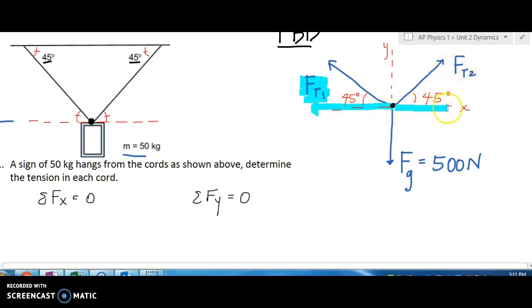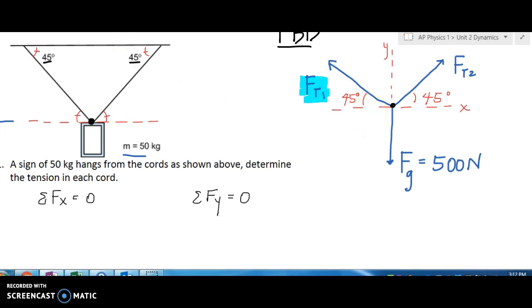FT2 is pulling it to the right a little bit. Does the weight force pull it at all in the x direction? No. So how do you want to define left and right numerically or mathematically? With a sign? Okay. So what do you want right to be? And left to be negative.